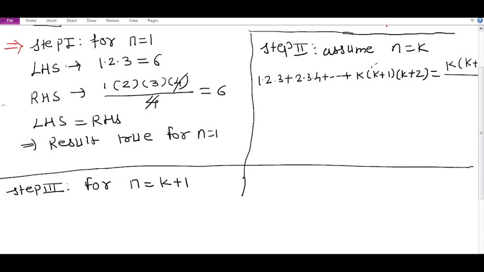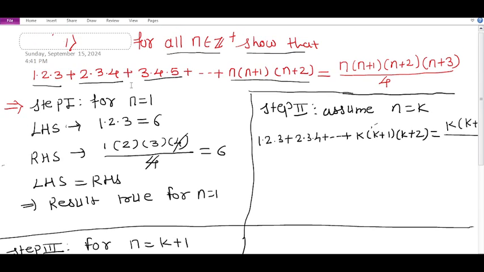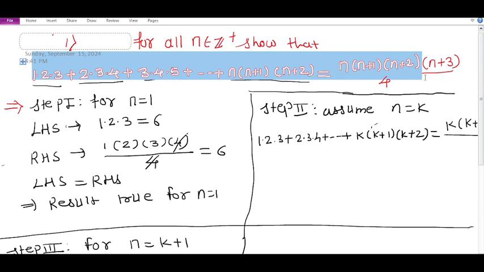That is, in this equation we want to put n equal to k plus 1.